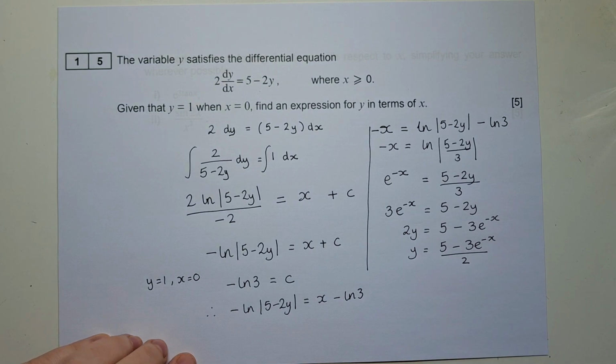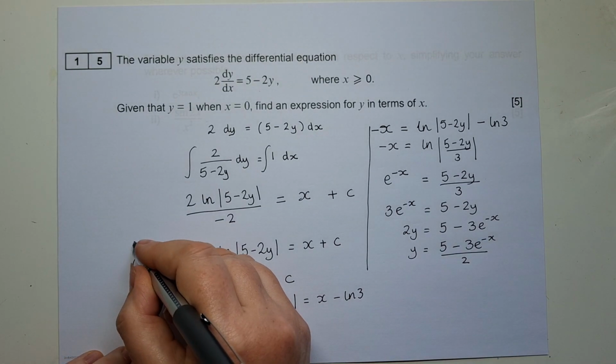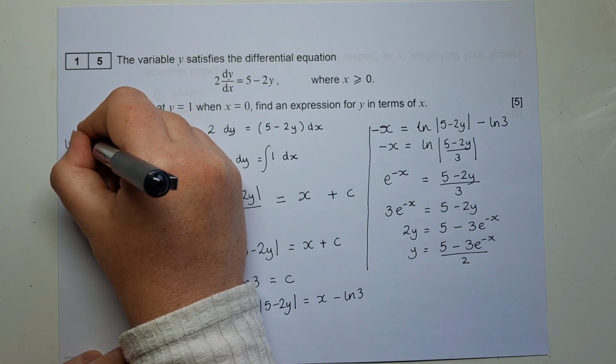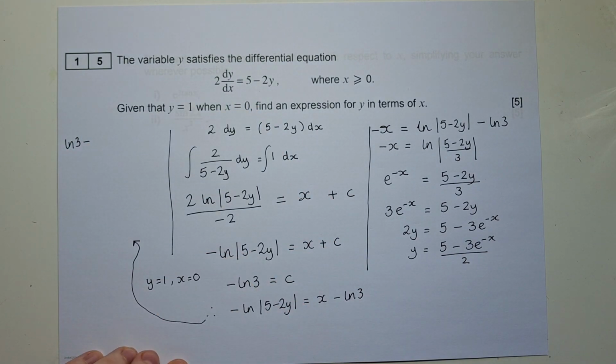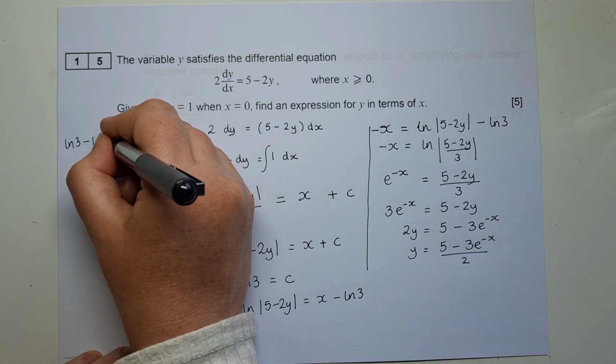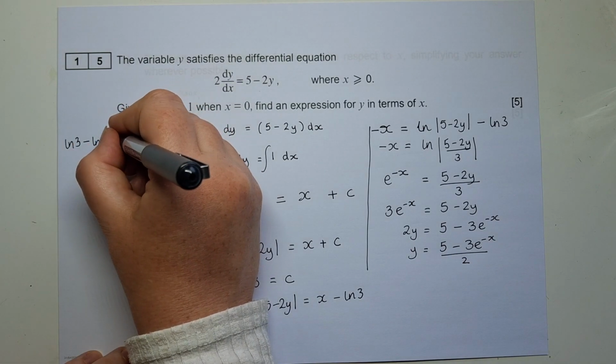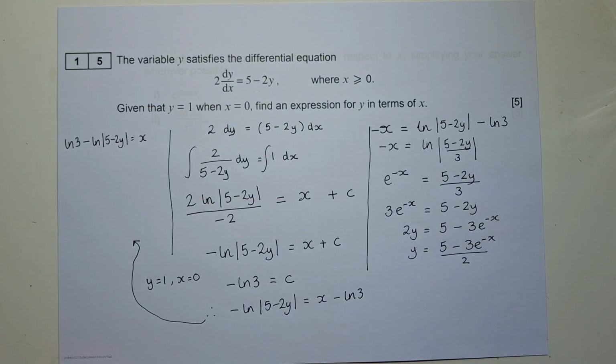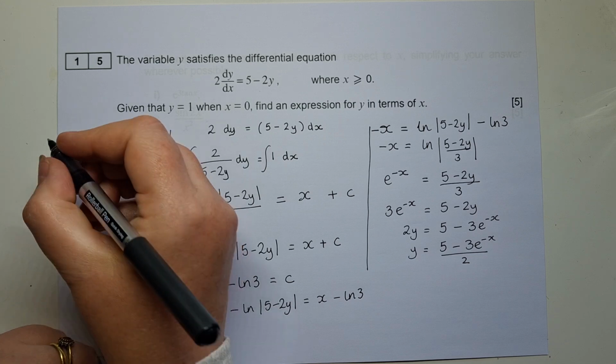Okay, so if you had done instead the ln 3 hopping across to the left hand side, I want you to not mess up the signs. So it looks like that. So put the ln 3 at the start of the line because it's positive.